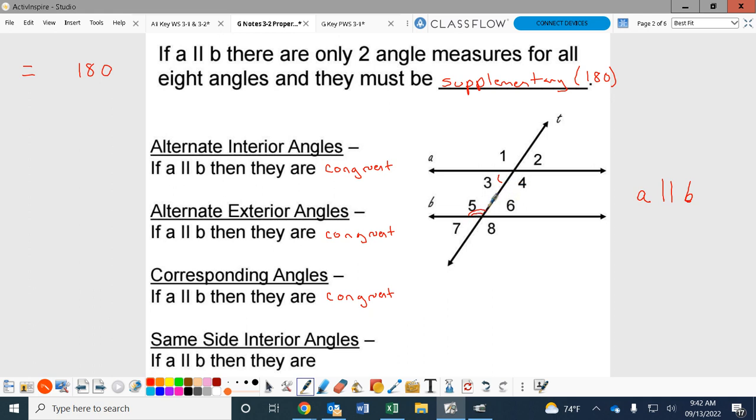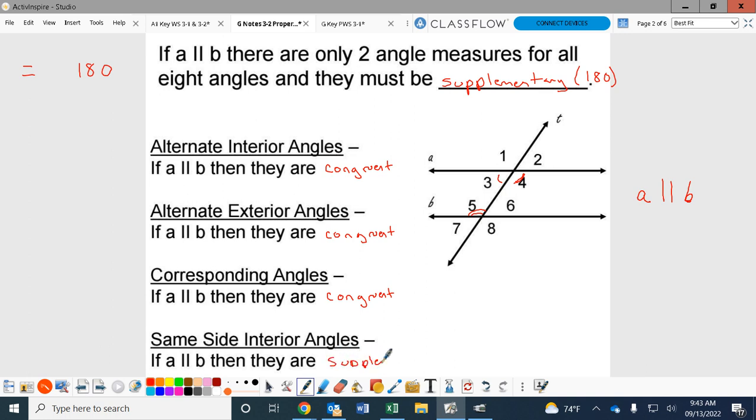The other alternate interior angle, 4. And then 3 and 6. Do you see these 2 together? The 3 and the 4 make a straight line. So if 3 and 4 make a straight line, then 3 and 5 would also have to make a straight line. So how much are they going to add up to? 180. So if they add up to 180, what are they going to be to each other? Supplementary, guys.